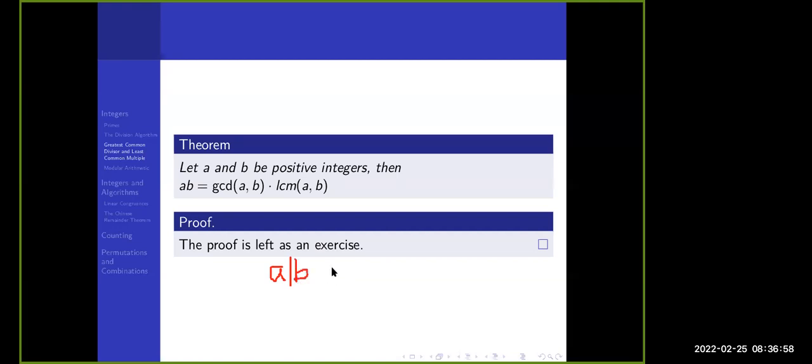If A divides B and B divides A, then the following will be true, that A will be equal to either plus or minus B. Is that correct?